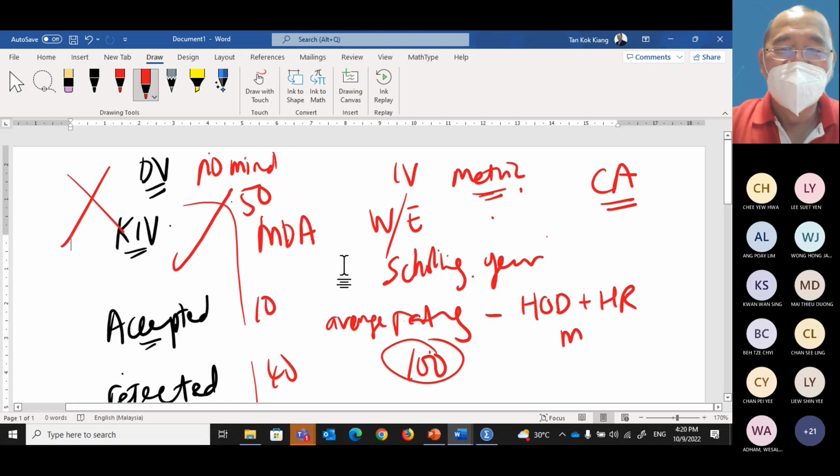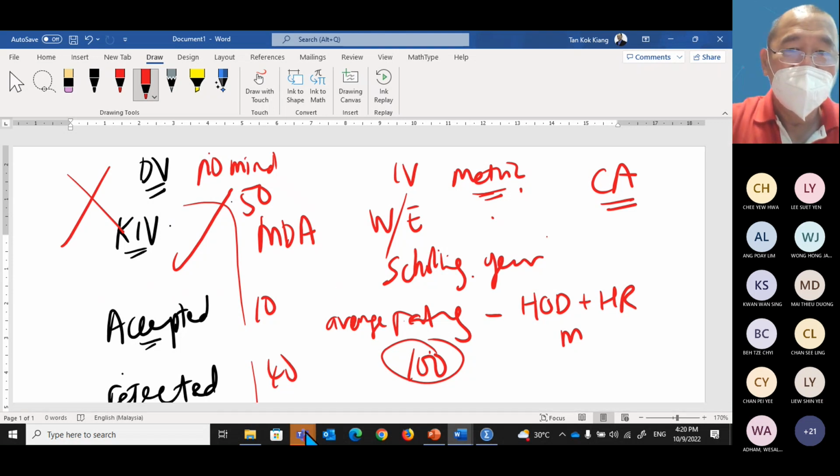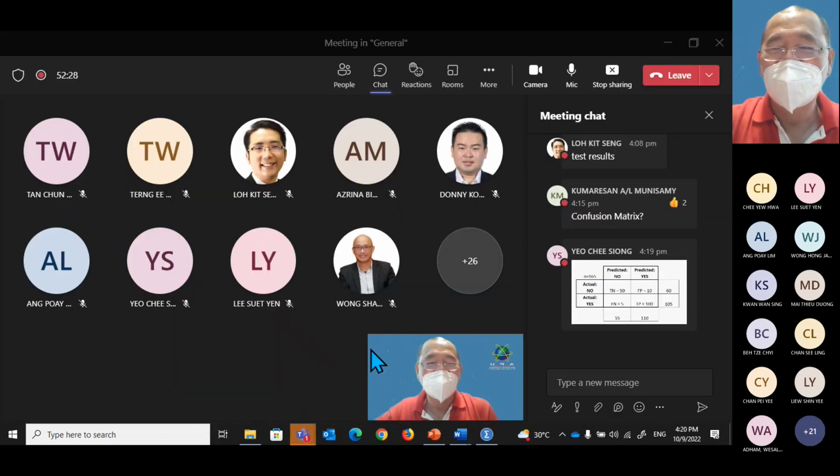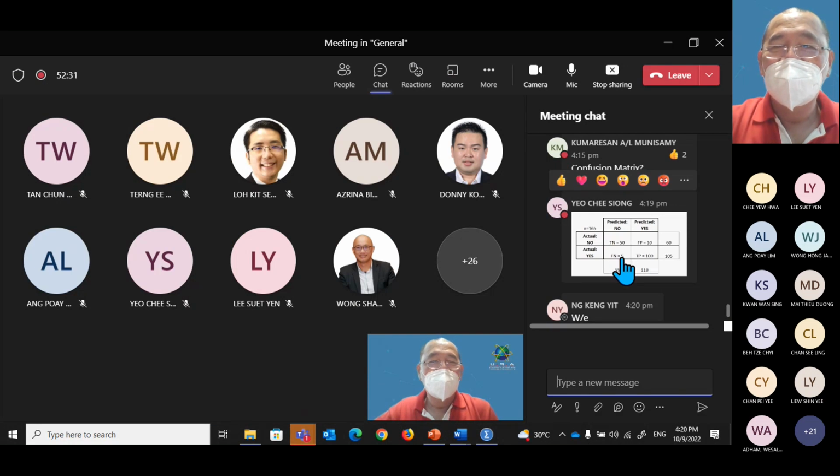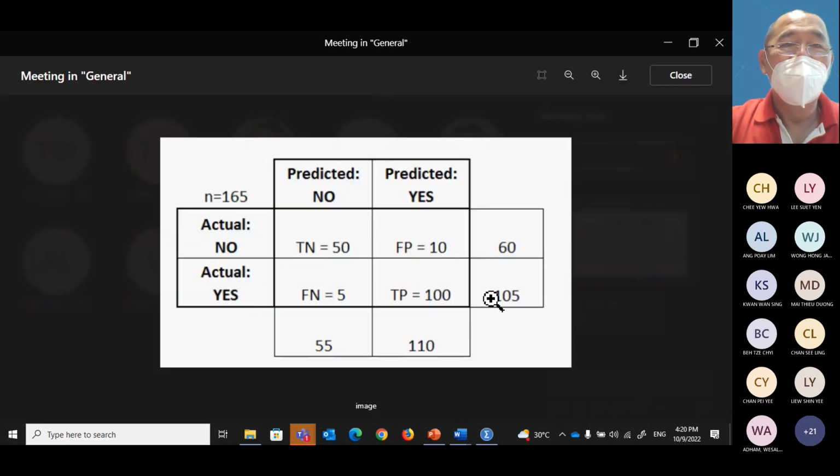Anyone? Average rating. Average rating, very good. Okay, experience, but it's okay. This confusion matrix, it's okay. Predicted yes, actually yes.